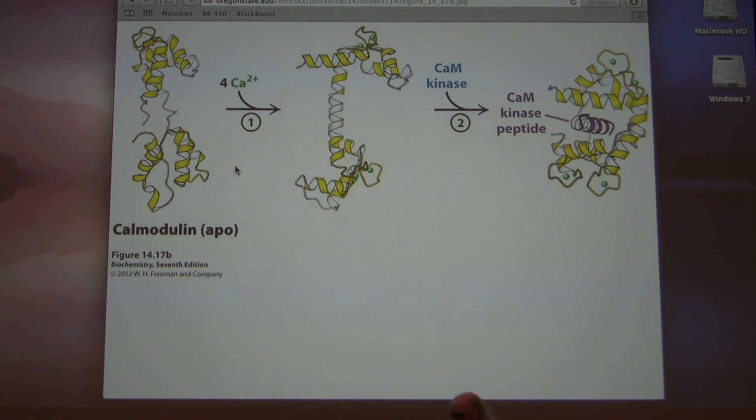The consequence here is that calcium is activating another protein. Just like cyclic AMP was activating protein kinase A, calcium is activating indirectly, through the binding of calmodulin, another enzyme. Now the beauty here is, again, a protein is binding calcium. That leaves the free calcium concentration relatively low, yet still a signal is being propagated as a result of calmodulin's change in shape.